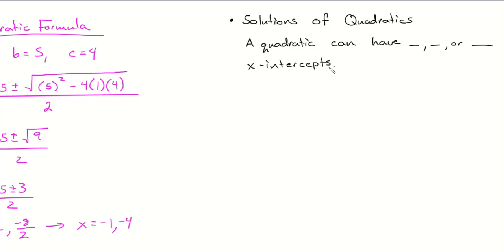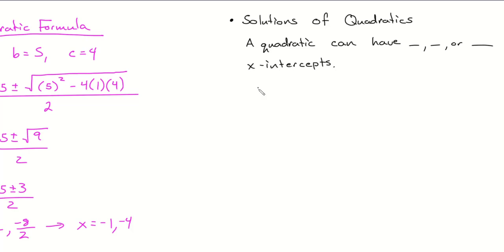If we imagine a quadratic, any parabola on a graph, or if you can't imagine it in your head, try to sketch it. Can you sketch me a quadratic that has one solution, one x-intercept, one root? Sketch really simple. I don't need axes and I don't need numbers, but let's just check.